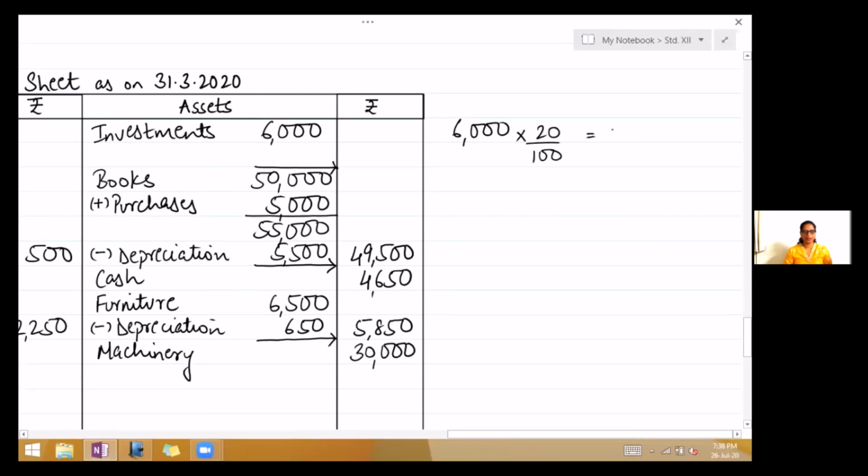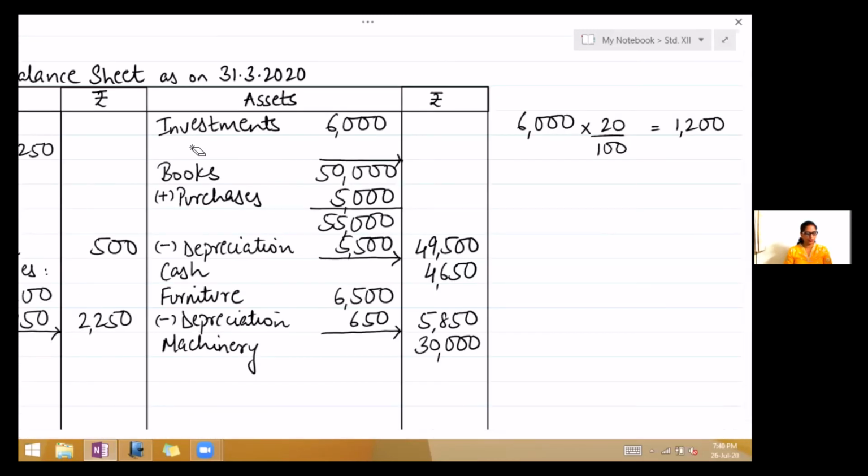And it is for 1 year. So it is 1,200. So this is accrued. So first effect, you will add it to investments on the asset side. But if you look at the interest on investment on the receipt side, it is 900. That means we have already received 900 from 1,200. So how much is still outstanding is only 300.